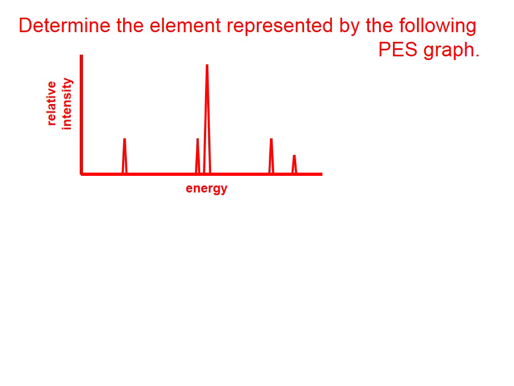So let's try a couple of problems. Determine the element represented by the following photoelectron spectroscopy graph. Well, 1s2, 2s2, 2p6.